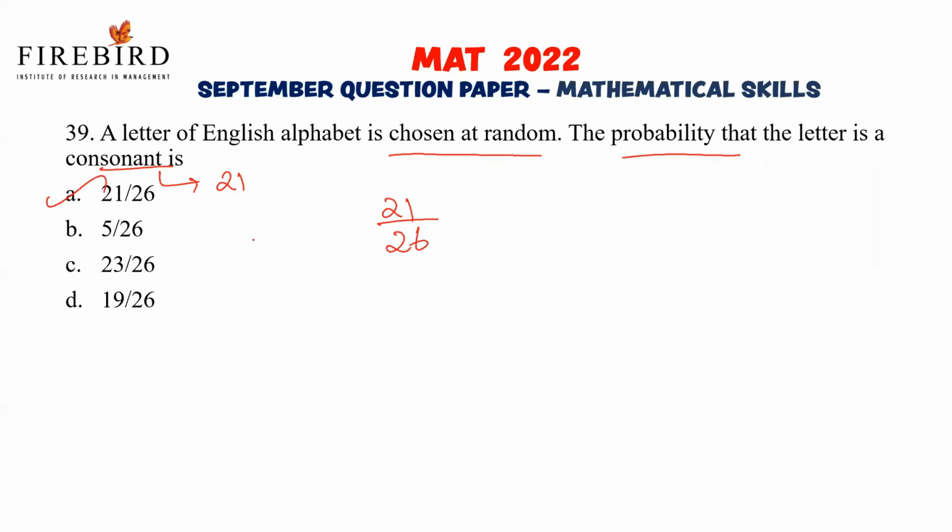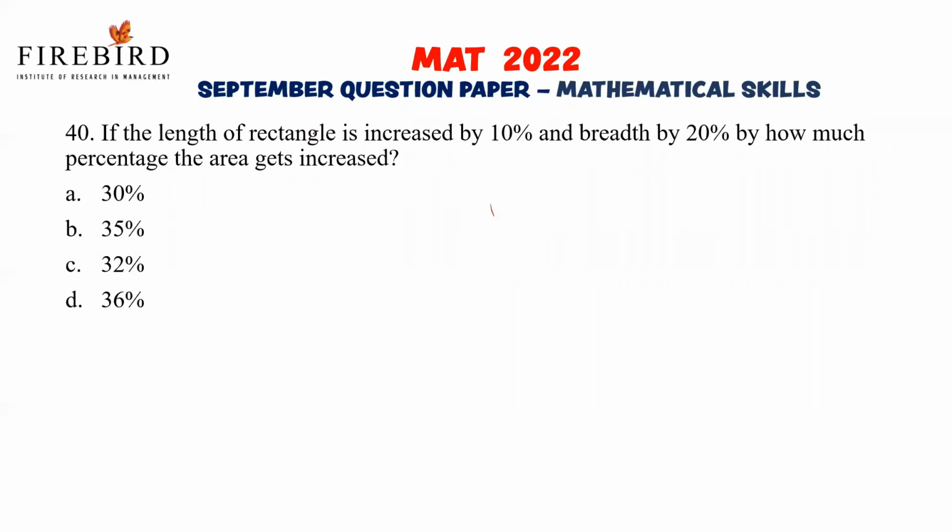And the last question of this video: if the length of the rectangle is increased by 10% and breadth is increased by 20%, by how much percentage does the area increase? Here, we use the same concept as for the square, where the sides of a square decreased by 10%.